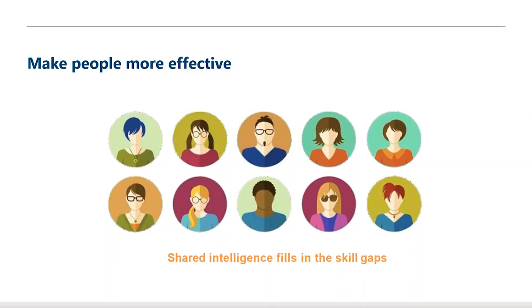So what we often say is that we need to make our people more effective. And of course, shared intelligence fills the skills gap also. Because in short, you're sharing information about threats which might be unknown, and in a way, you're creating awareness also. Whenever we talk about an approach in the technology or security world, we talk about three main elements: people, process, and technology.